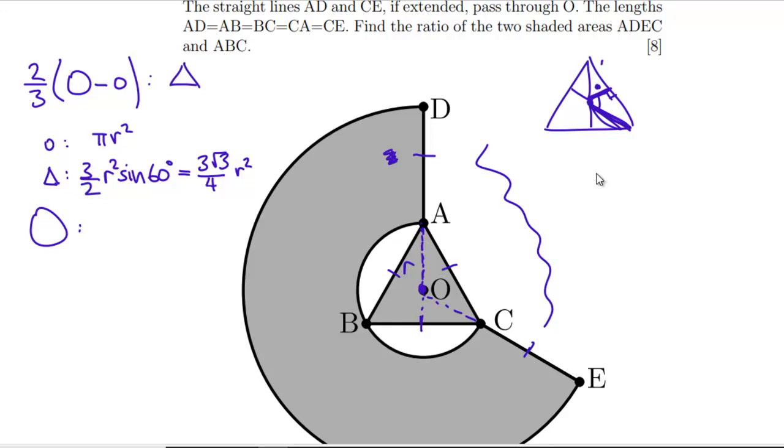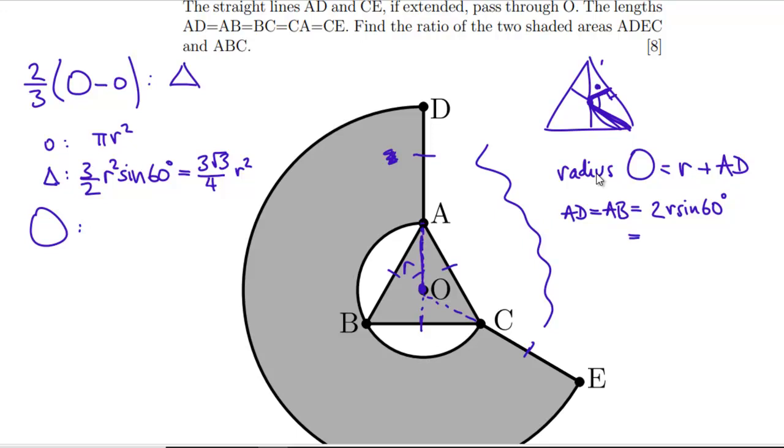Let's write all this out. Radius of large circle is equal to r, which takes us from O to A, plus AD. AD is the same as AB, which is equal to 2 times r sine 60 degrees, because that's what we worked out from here.